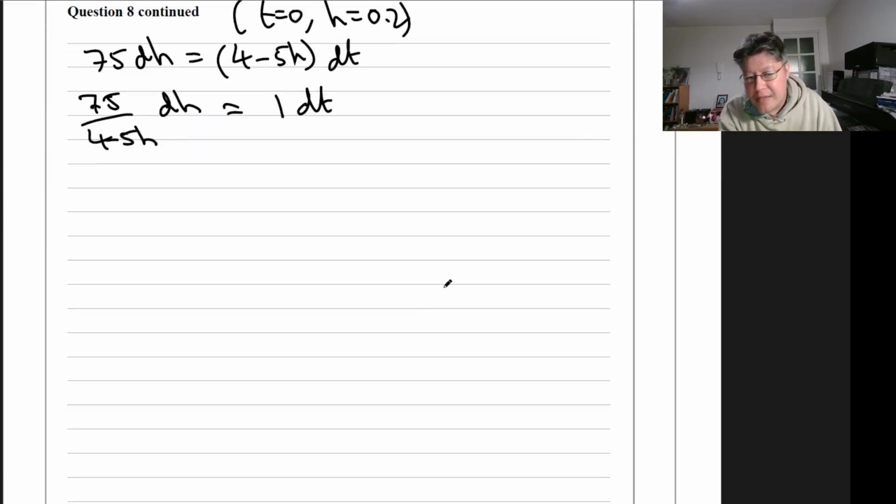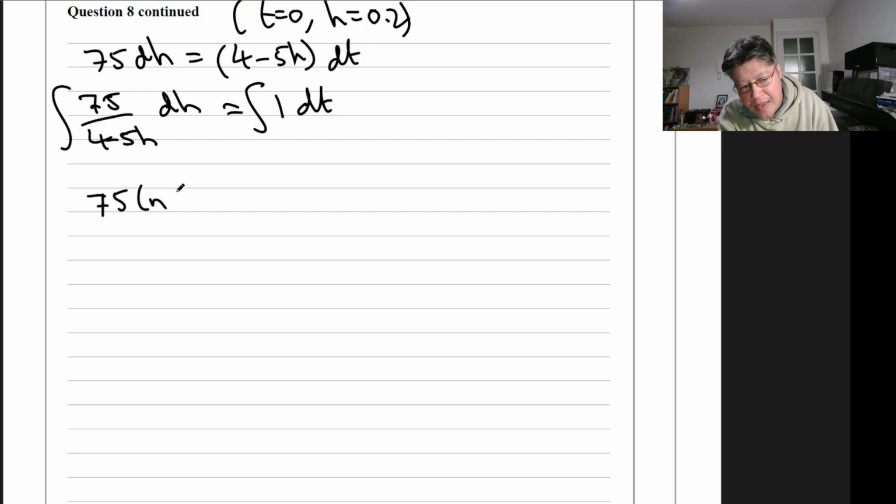And now that we've separated the h's and the t's, we can now integrate both sides separately. So we have integral here, integral here. So the integral of this side should be an ln, so we get 75 ln mod of 4 minus 5h, and then we have to divide by the coefficient of the h, which is a minus 5, so over minus 5, and that should equal t plus c.